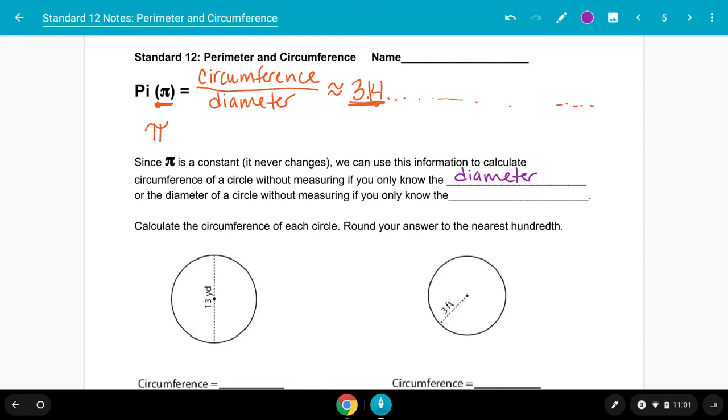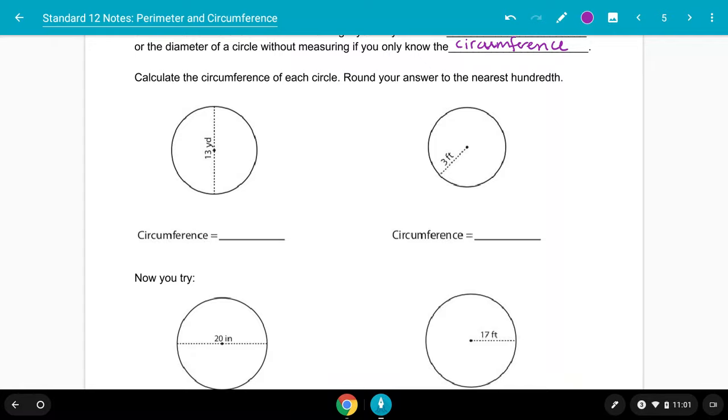Or you can find the diameter of a circle without measuring if you only know the circumference. Let's see how this works.